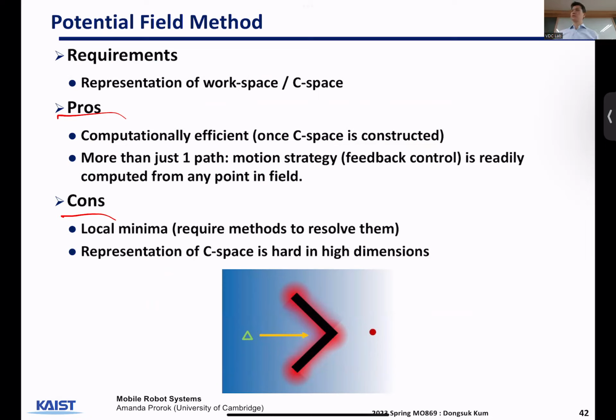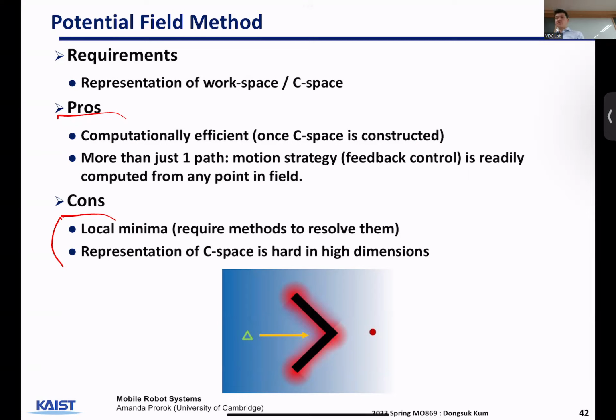All you have to do is compute gradient and apply that for motion planning. More than just one path is possible, but downside would be local minima. It can fall into local minima. Representation of C space is hard in high dimensions.